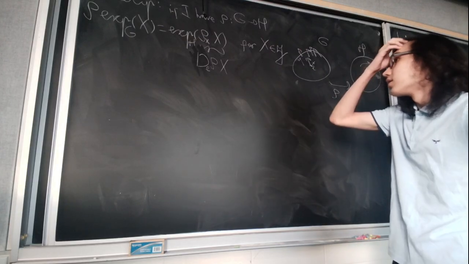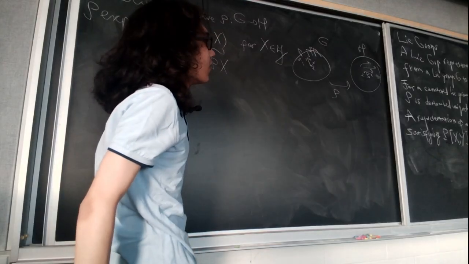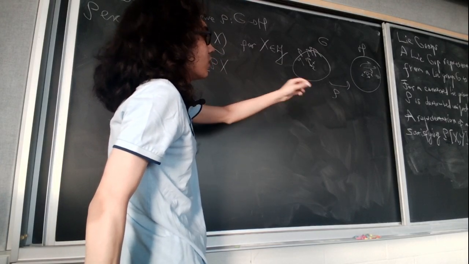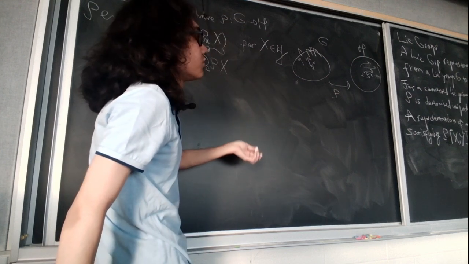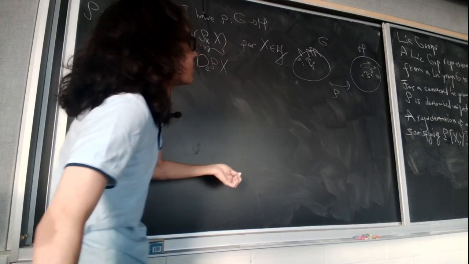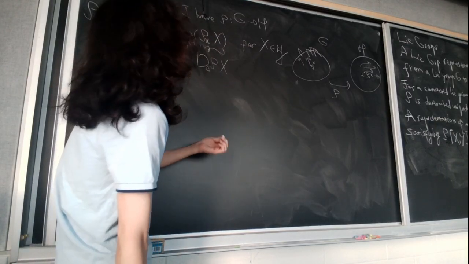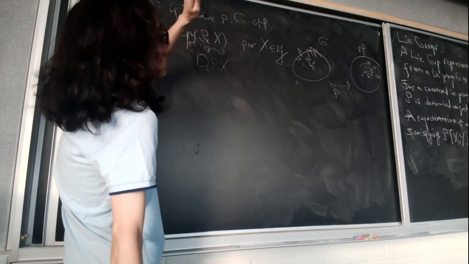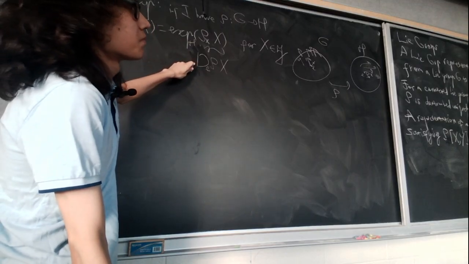Cool. Now, you might notice GL of V, if we take, say, Rn or something, is a Lie group, right? It's a Lie group, so a representation is going to be a Lie group homomorphism, which means that this also applies in this case.